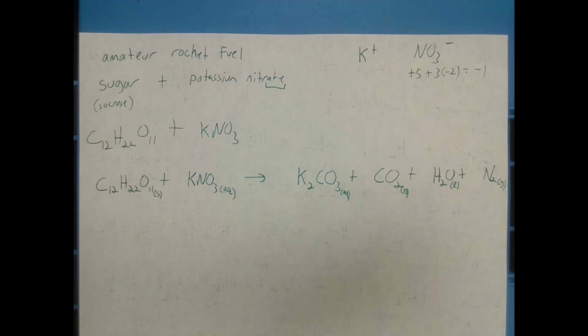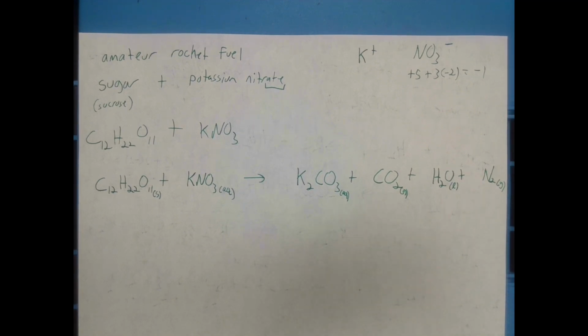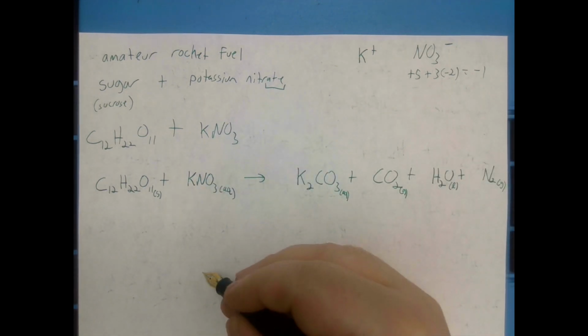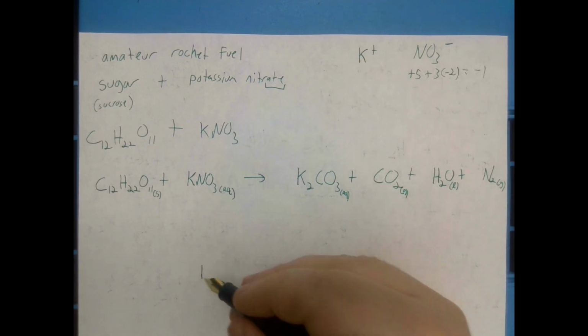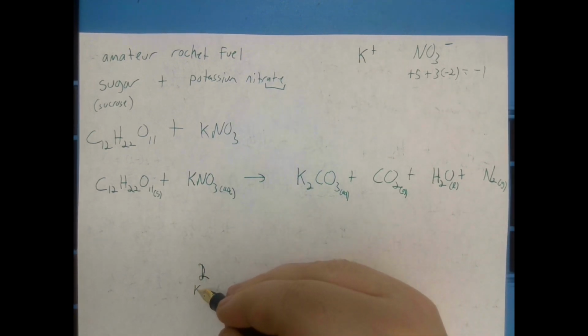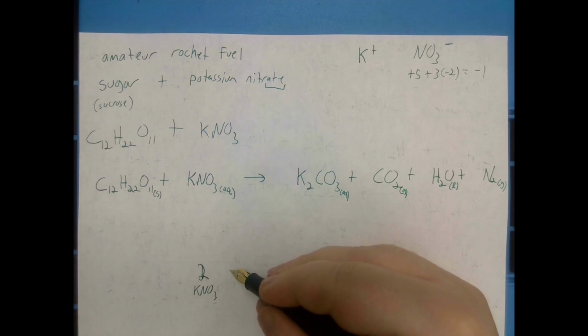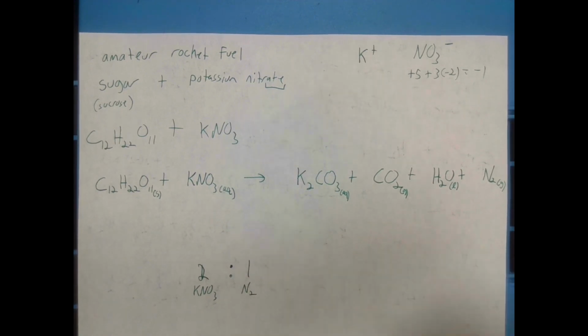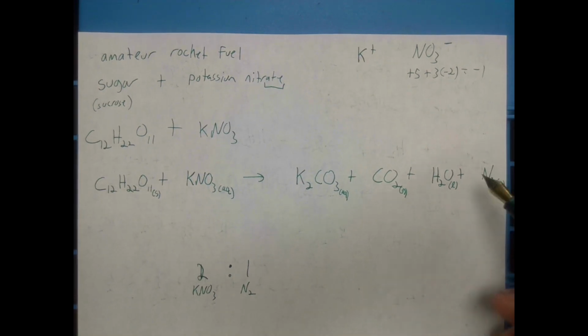Alright. So we know that the ratio is going to be, well, there's one here and two over here. So we know it's going to be 2 KNO3 to 1 N2 molecule. So whatever the number here is, this has to be twice as much.